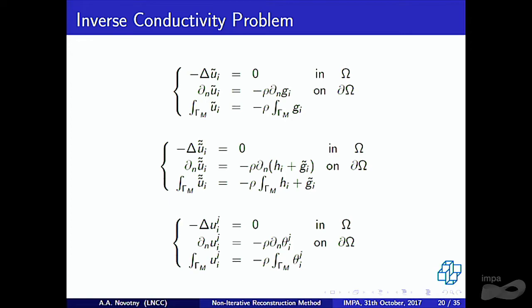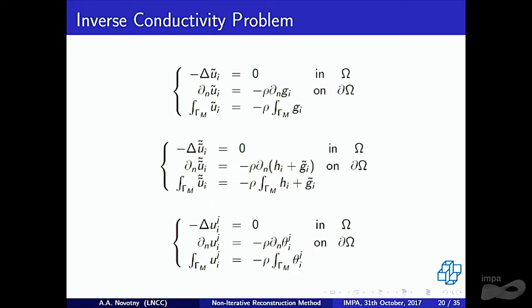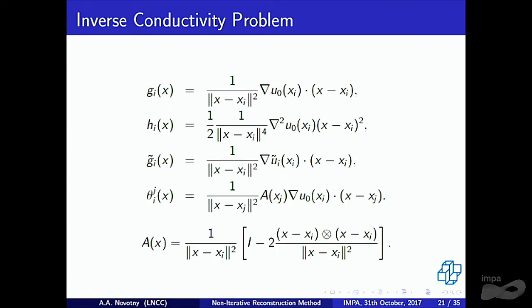Then we have to try to extract this information through the asymptotic analysis, and then we get this result. And the functions are explicit solutions depending on the solution to the unperturbed domain U0 and so on. And this theta ij, which appears here on the right-hand side of this PDE, takes into account the distance between inclusions.